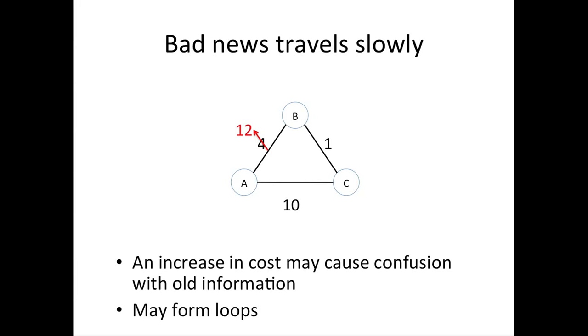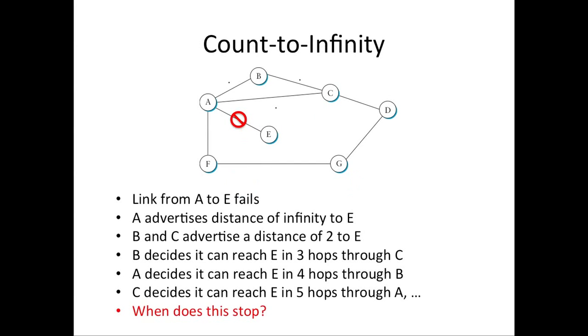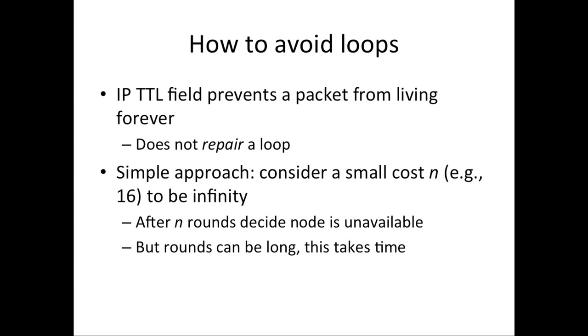Yes. Or a node disappearing. So if we think about count to infinity, for example, like we discussed here, how long did it take for the bad news to propagate across the network? Infinitely long. Yeah, it took a long time, right? Okay. All right.